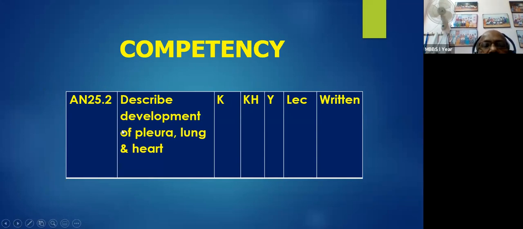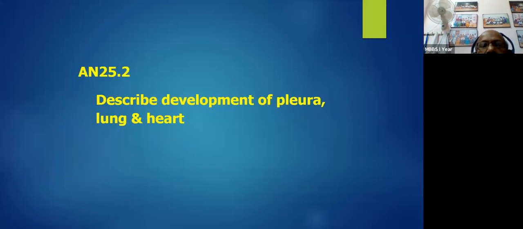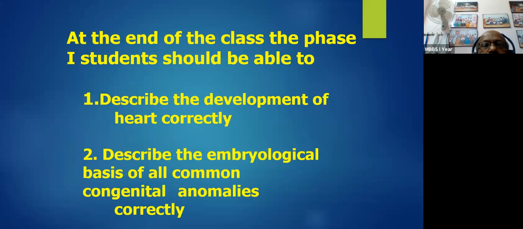Yesterday I told you, for the development of lung, heart, and pleura, the same competence 25.2 we have. SLOs at the end of this class: you should be able to describe the development of heart. At the same time, we have models.